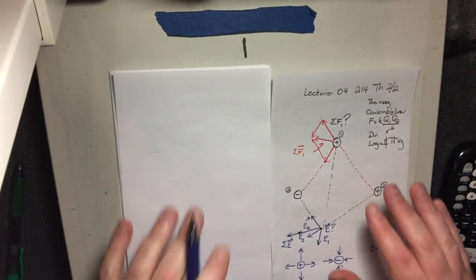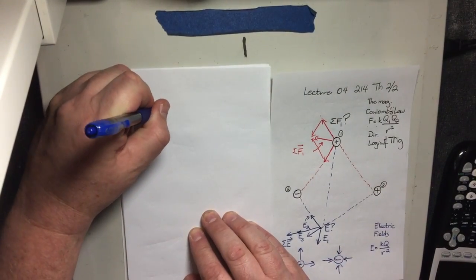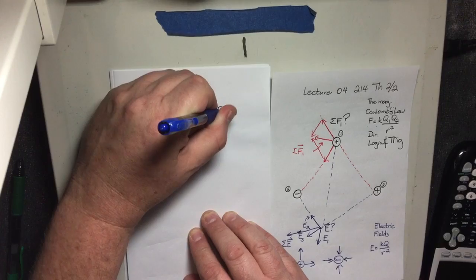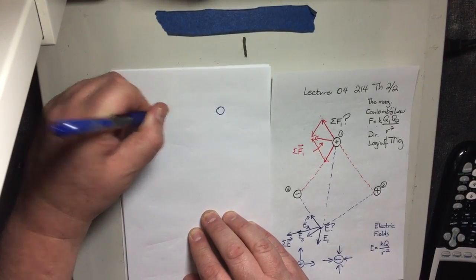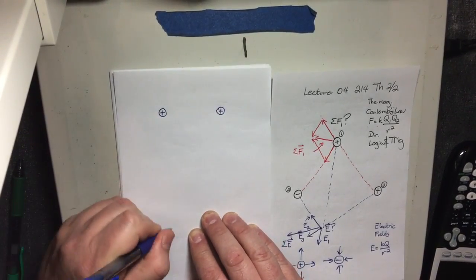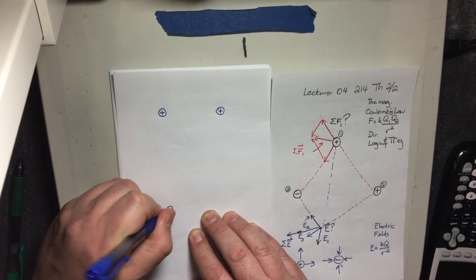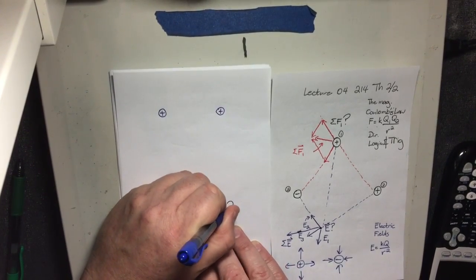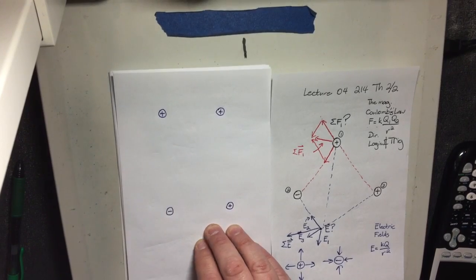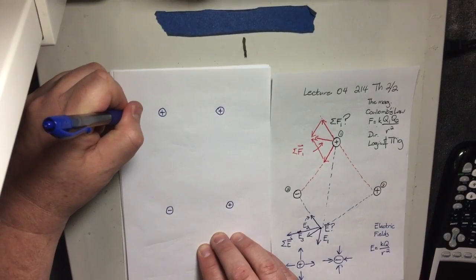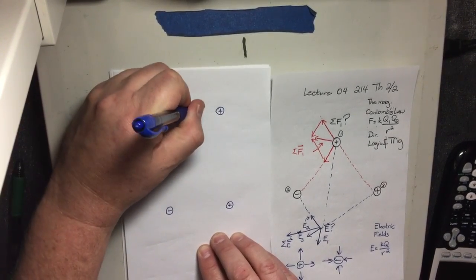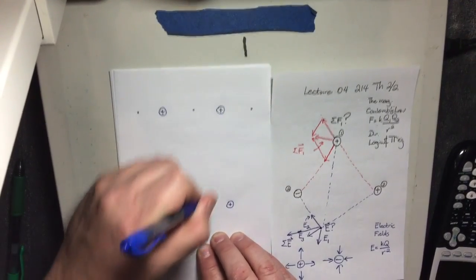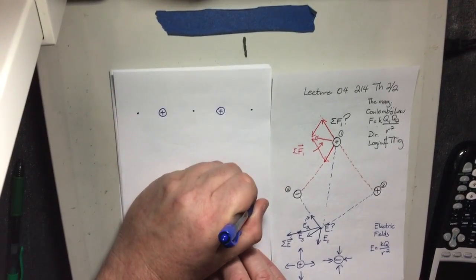However, let's do some more studies. Let's say we had a positive charge and a positive charge, and down here we have a negative charge and a positive charge. And we have 3 points to study.